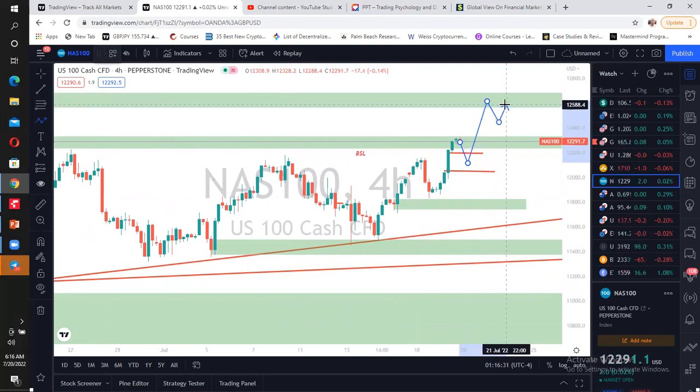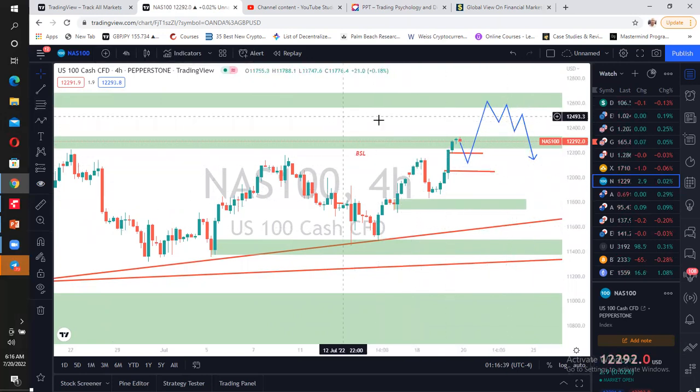It might possibly or probably give me a reversal here or a pullback from there. All right, but this is what I'm actually expecting from this pair. I want to see this happen.